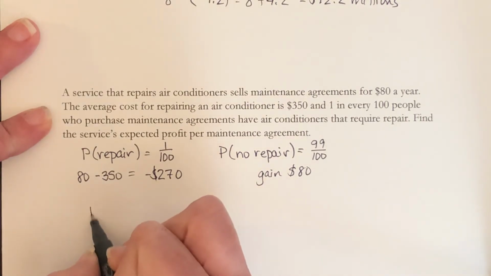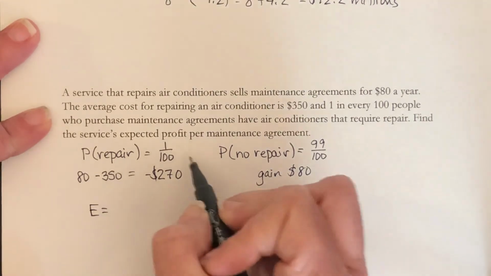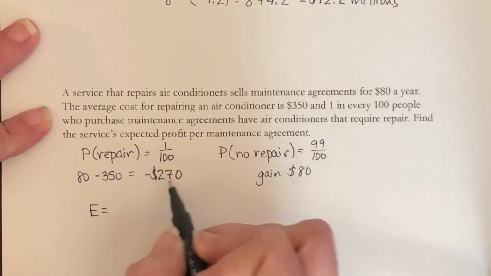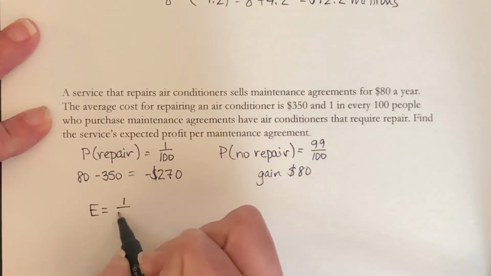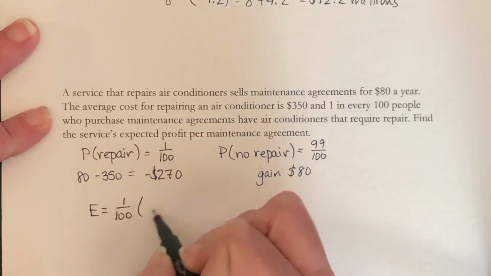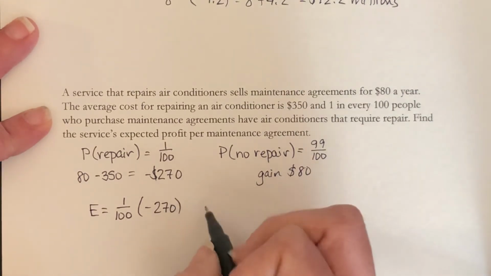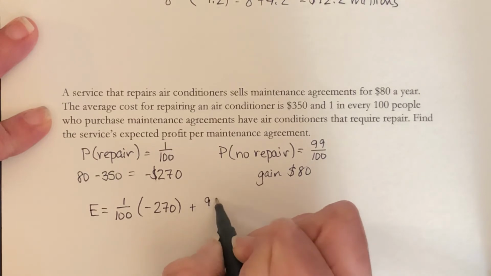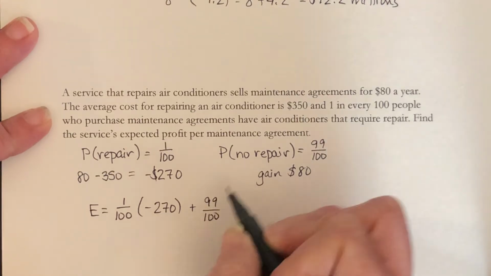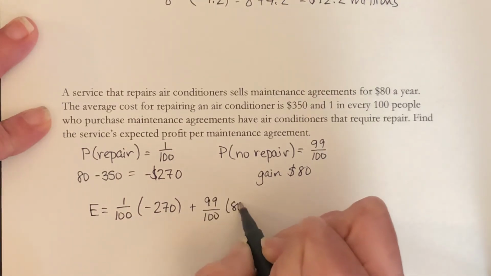So what is the expected value? The probability times the amount. So 1 over 100 times negative 270 plus 99 over 100 times 80.